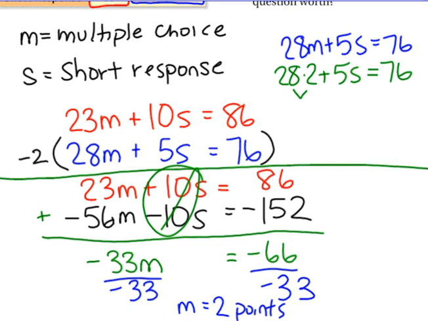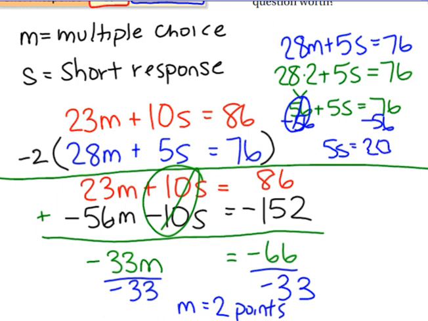And then 28 times 2 would be 56. Subtract 56 from both sides. So 5s is equal to 20. And then that means that 1s would be equal to 4. So short constructed response are 4 points each.